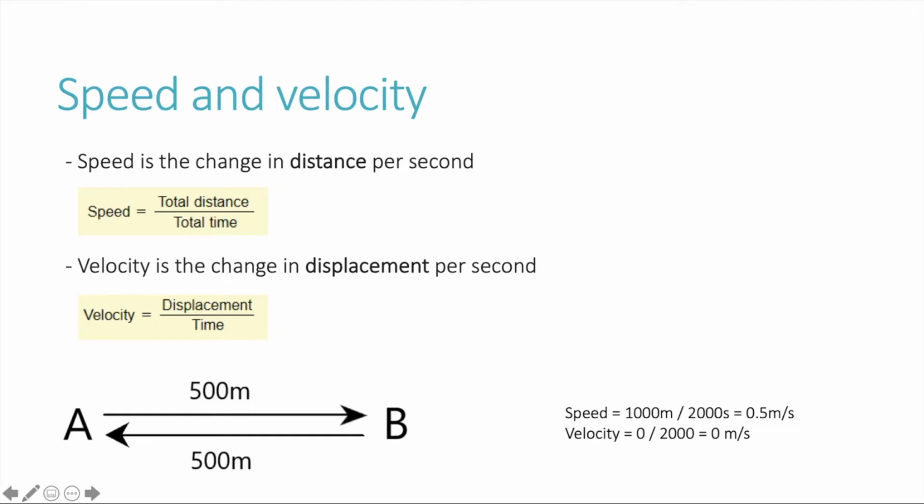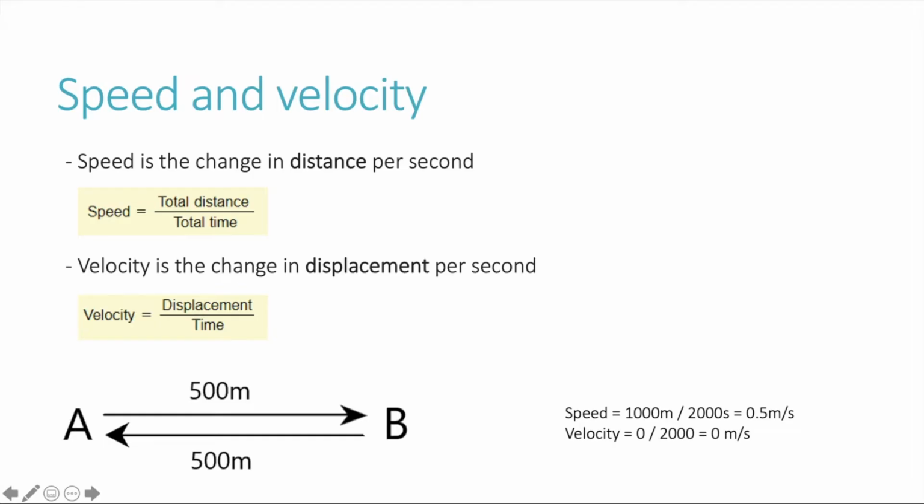So we're going to take the initial distance of 500 meters and call that positive 500. And when you go back the other direction, because it's going in the opposite direction, we're going to put a negative sign on it. So essentially it's 500 meters positive going to the right and minus 500 going to the left. And that sort of cancels out and you get an overall displacement of 0.